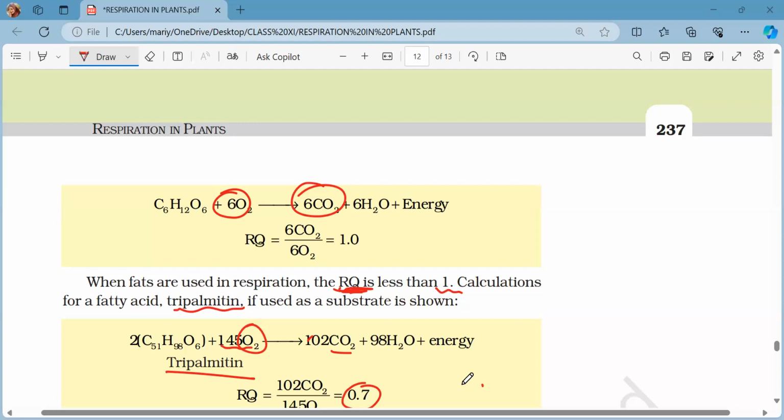Now, since this chapter is done, we'll be starting a new chapter, and it is a very interesting chapter. Can you guess? Breathing we have already done.